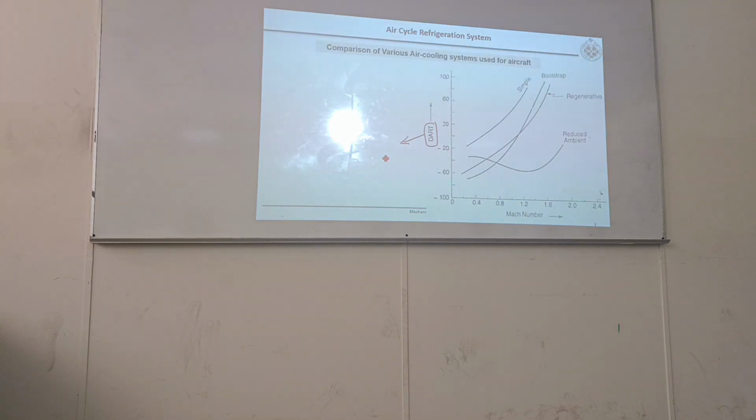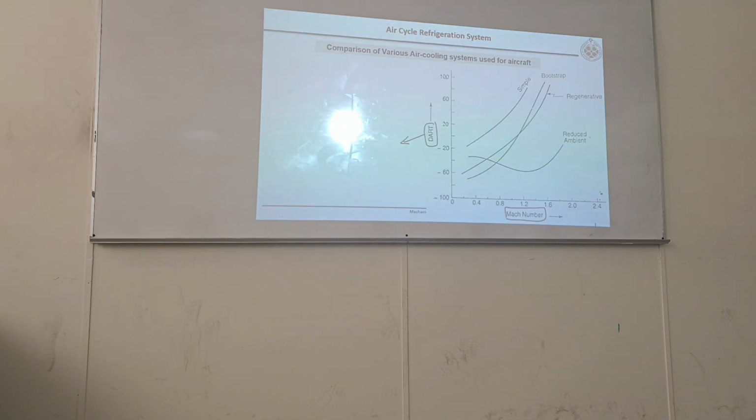The air which is entering the cabin after the turbine. That temperature is called dry air rated temperature, which we defined in the initial slides. So here you see dry air rated temperature as a function of Mach number.